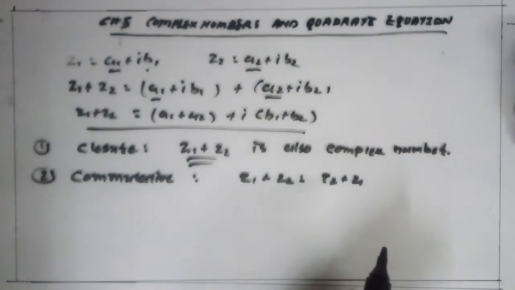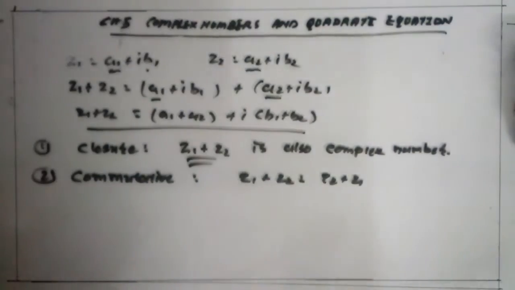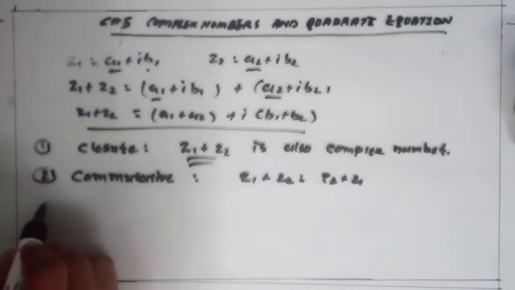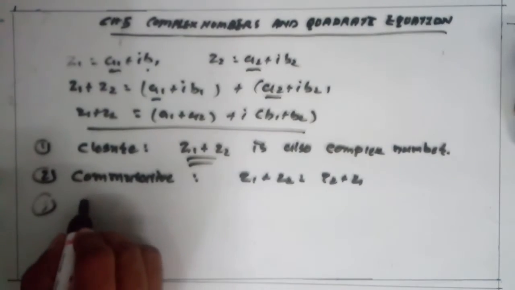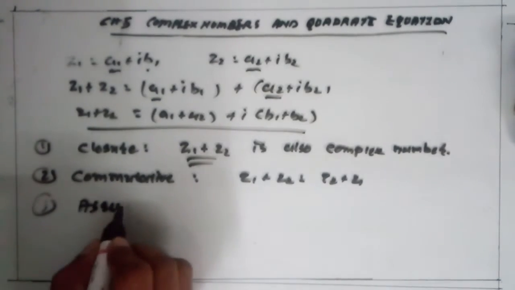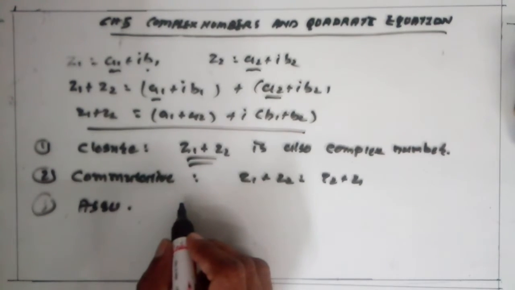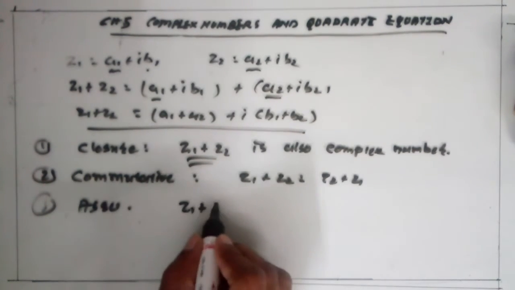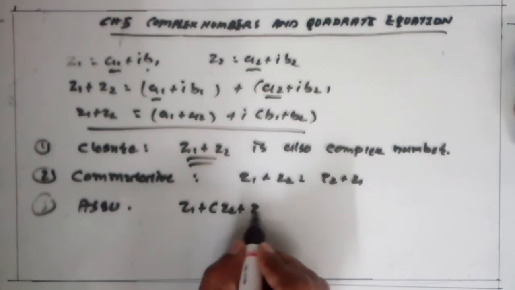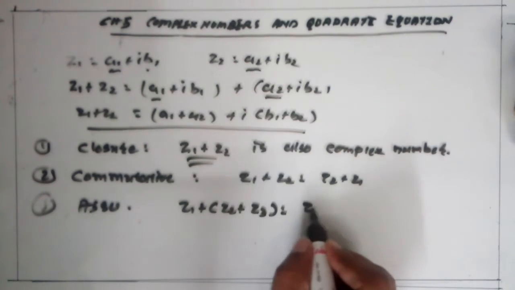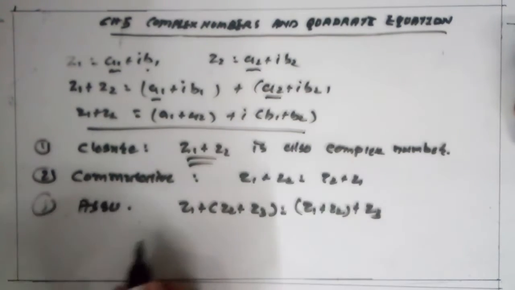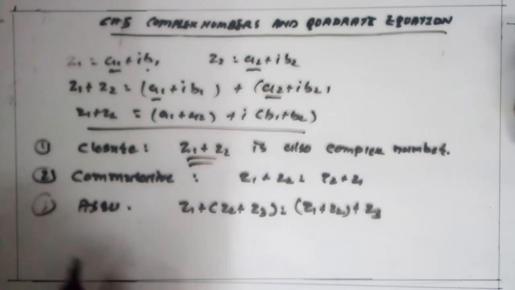That is z1 plus z2 is equal to z2 plus z1. Clear? Now third law, associative law. For complex numbers z1, z2, z3, z1 plus z2 plus z3 is equal to z1 plus z2 plus z3. Clear? So this is the associative law.